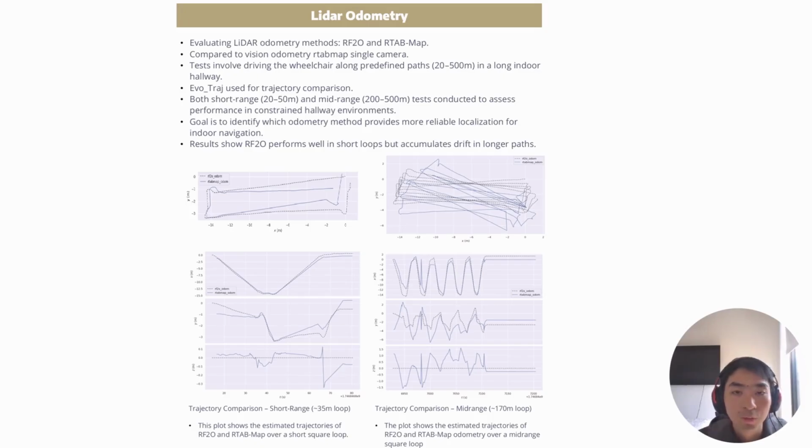And using the EVO trajectory tool, we compared the trajectories in both short-range and mid-range scenarios. Our results indicated that RF2O delivers strong performance in the shorter loops, but it shows increased drift over long paths. It is defined as the most reliable odometry solution for indoor navigation.